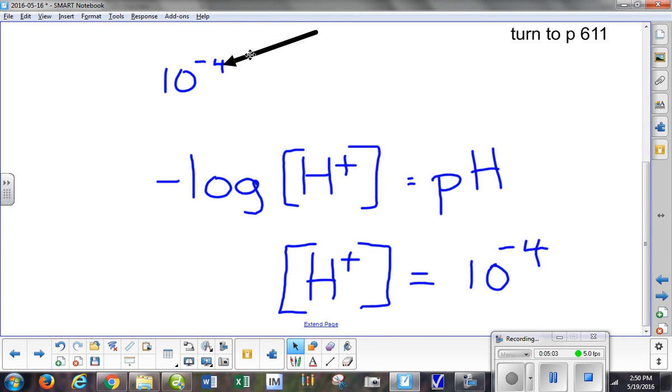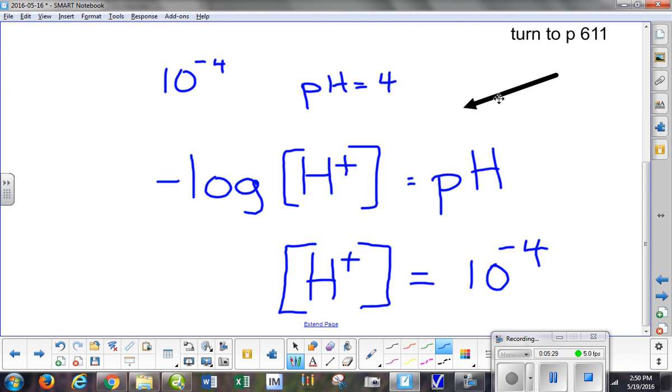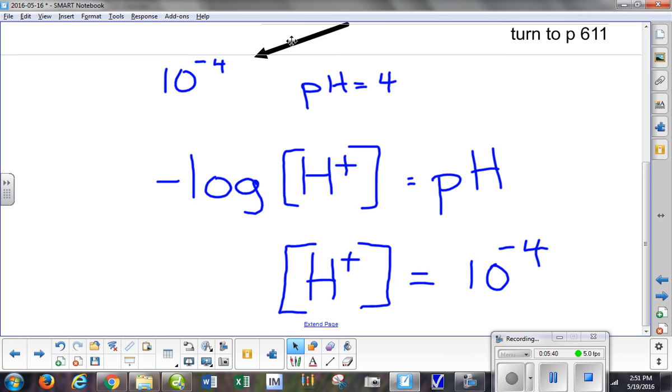The minus 4 becomes the pH after we change the sign. That's why we have the minus log. The whole point of pHs was to get rid of the minuses and the powers of 10. And it's really nice to be able to see a pH of 4 rather than to look at a power of 10. Don't you think? Isn't that nicer? So, take this number, change the sign, and you have your pH.